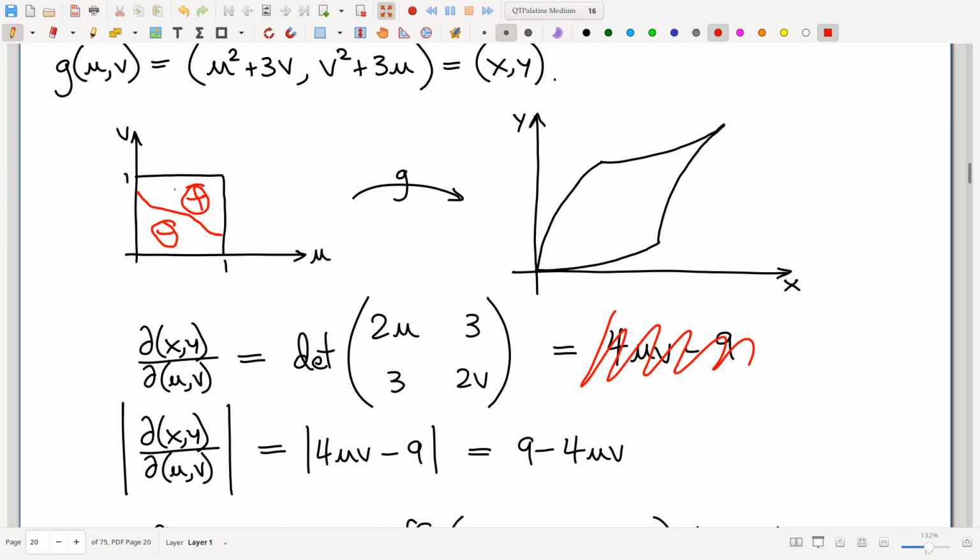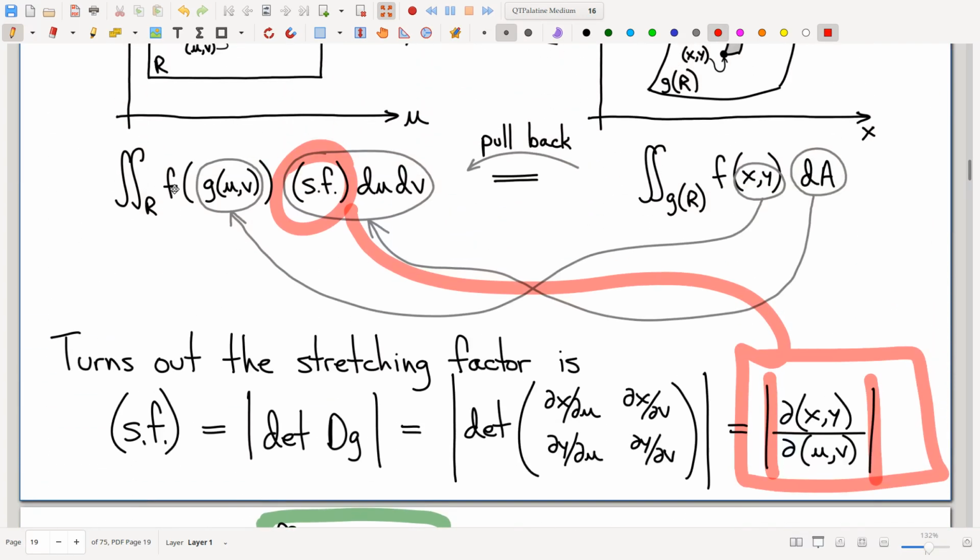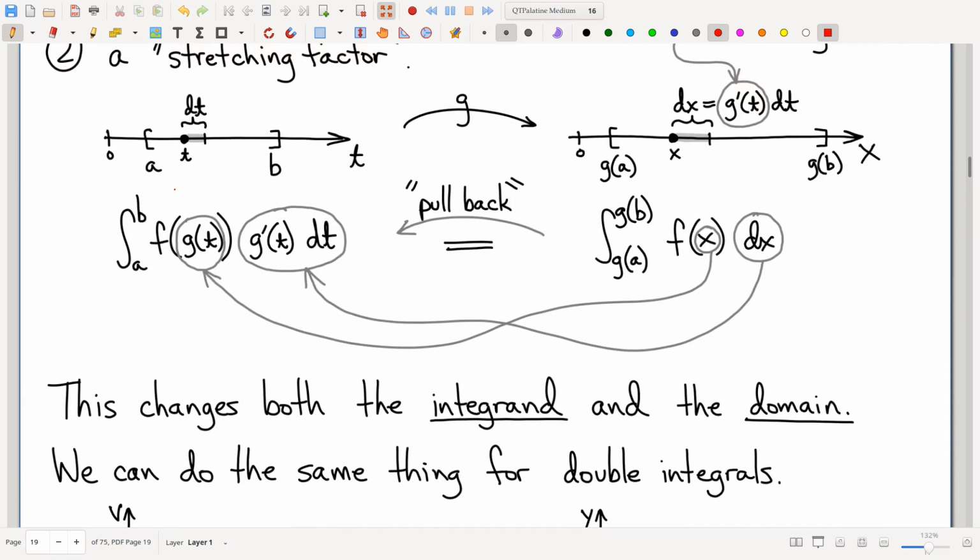Does that satisfy? Yes. Then another question: in the single variable application of this, where's the absolute value? That's a great question. It is hidden. So let's look at this case. We have A to B, and so B is greater than A. In some sense we're going that way. Let's think about what would happen if this G prime were negative.